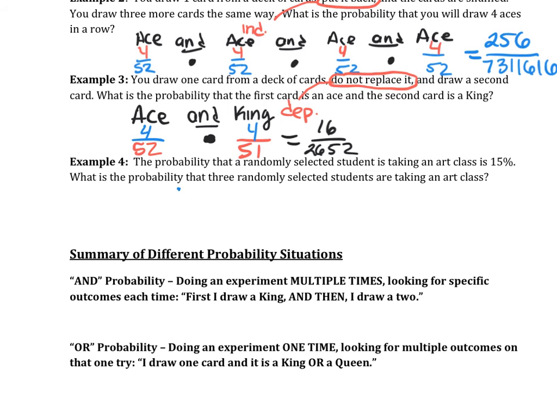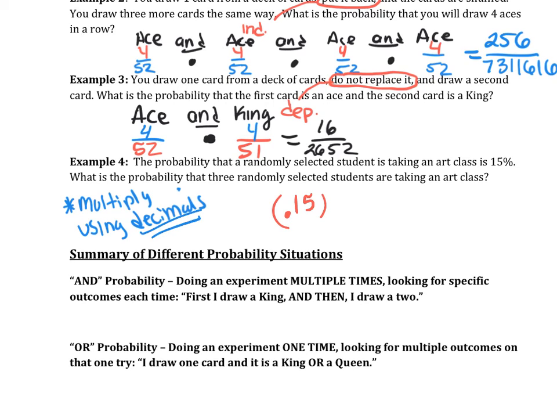When I'm giving you probabilities like this in percent form, when you're using the multiplication rule, we want to put it in decimal form. So multiply using decimals. So the probability that our first student is taking an art class is 0.15.